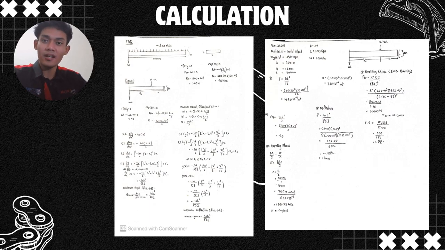A buckling check using Euler's buckling formula gives a critical load of 3,330 Newton, which is much higher than the applied load. Therefore, the beam is structurally safe in terms of bending stress, deflection, and buckling.